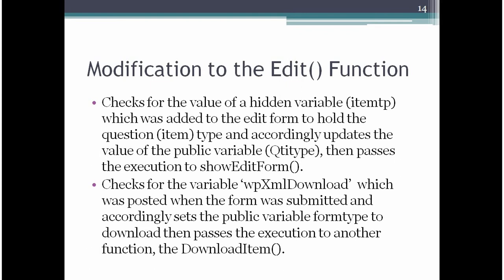This function was modified to check for a hidden variable that I had to add using another function that I will talk about later. This hidden variable that I added to the form captures the type of the question that is being created or edited. And according to this value, I set up the value of another global variable in this class that I had to add as well, which I called QTI type.